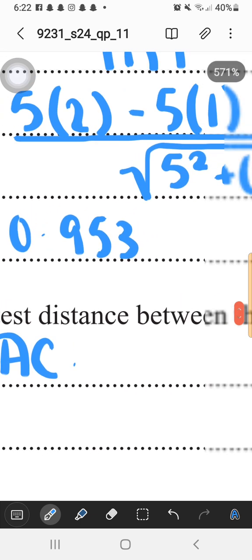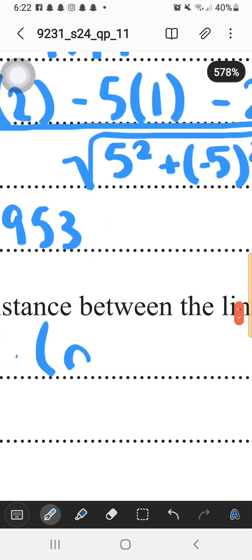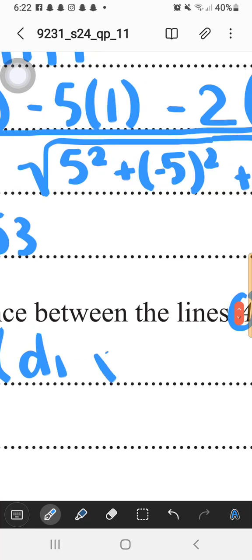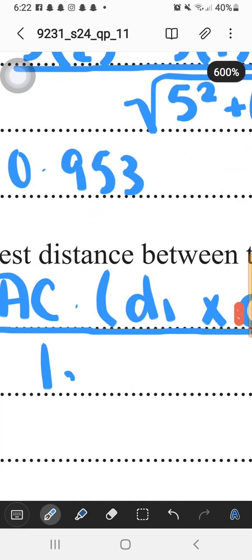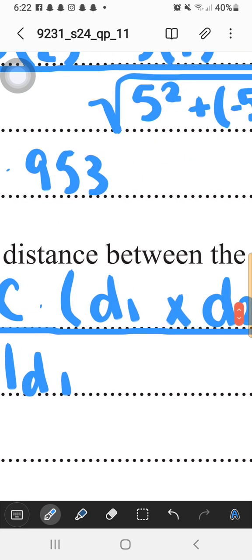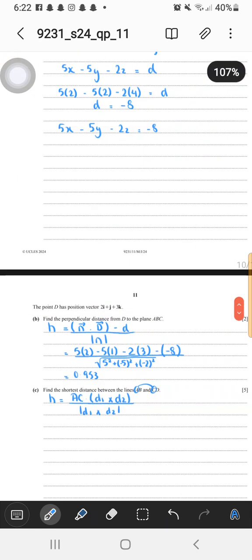So AC dot product with D1 cross D2, divided by the modulus of D1 cross D2. That is cross, basically, not multiply. In vectors it is called cross, not multiply.